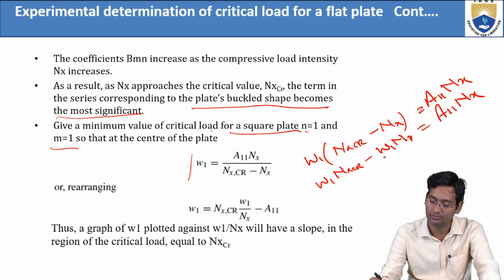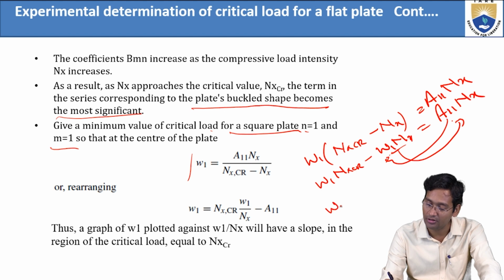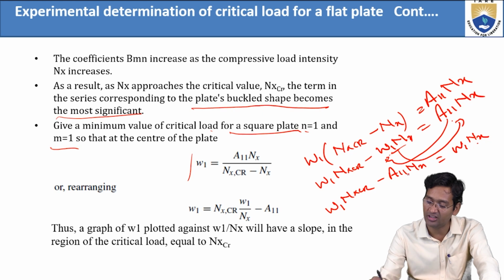Right, take this to this side, this to this side. So now what will we get? W1 Nx,cr minus A11 Nx equals W1 Nx. Right. Now divide both sides by Nx.